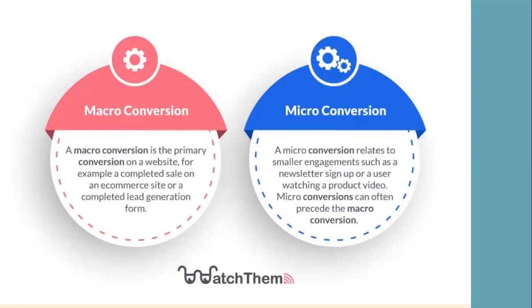The user viewed the product page, and then the user clicked the add to cart button and visited the cart. Then the user came back, viewed another product, added that to the cart, and then finally purchased both the items that were in the cart. So all of these are micro conversions that led to a macro conversion, right?